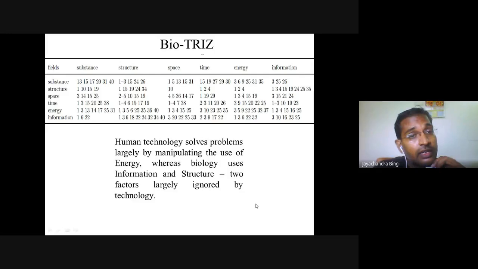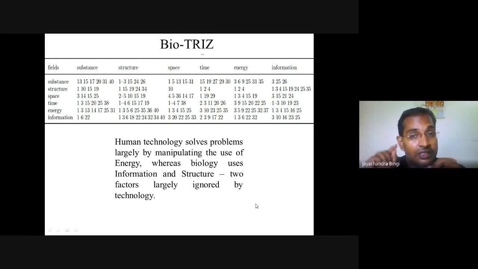So these are the 6 important parameters as far as Bio TRIZ is concerned. If you want to understand or analyze any system, you can choose this Bio TRIZ method.